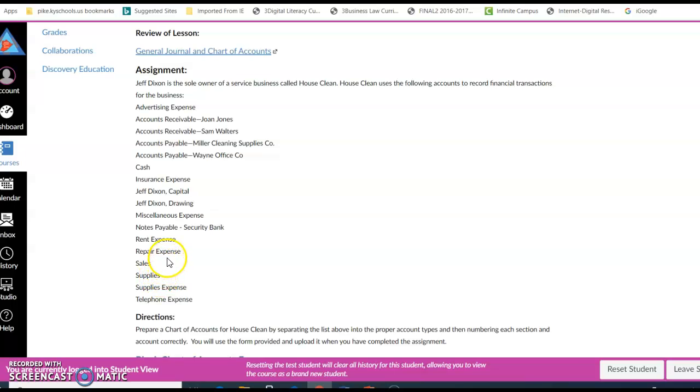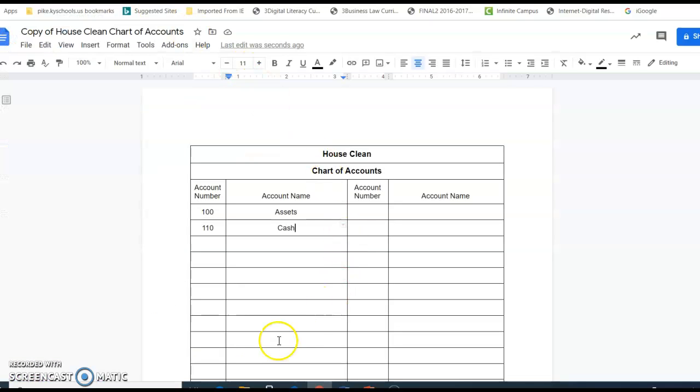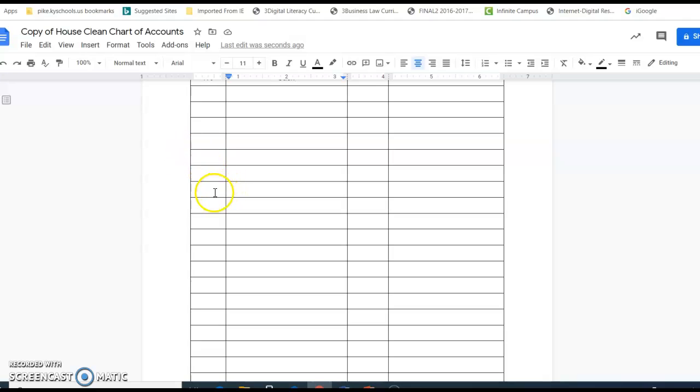And then after that, you're going to come back and list liabilities. For example, I'm going to come on down the list here. I'm going to leave a few extra lines, and I'm going to say 200 is going to be liabilities, and so forth and so on.